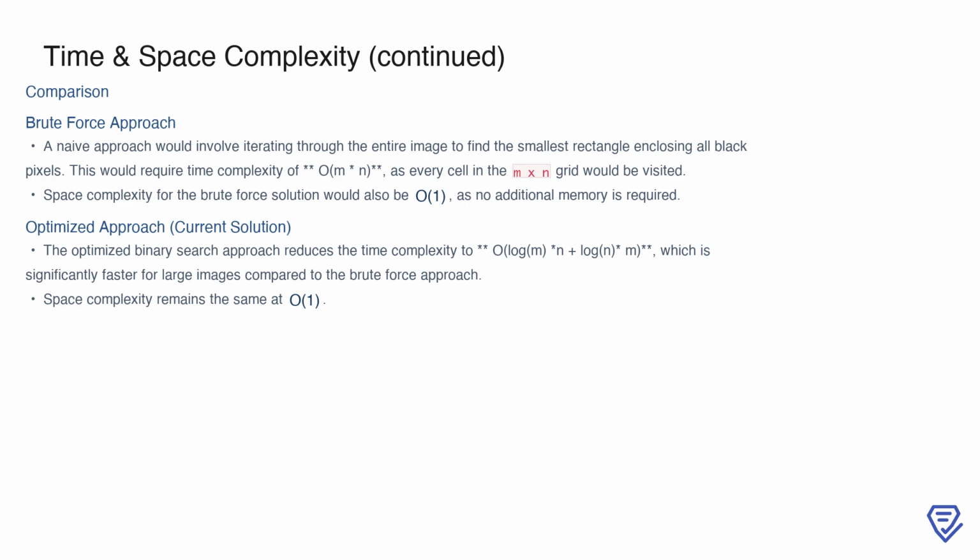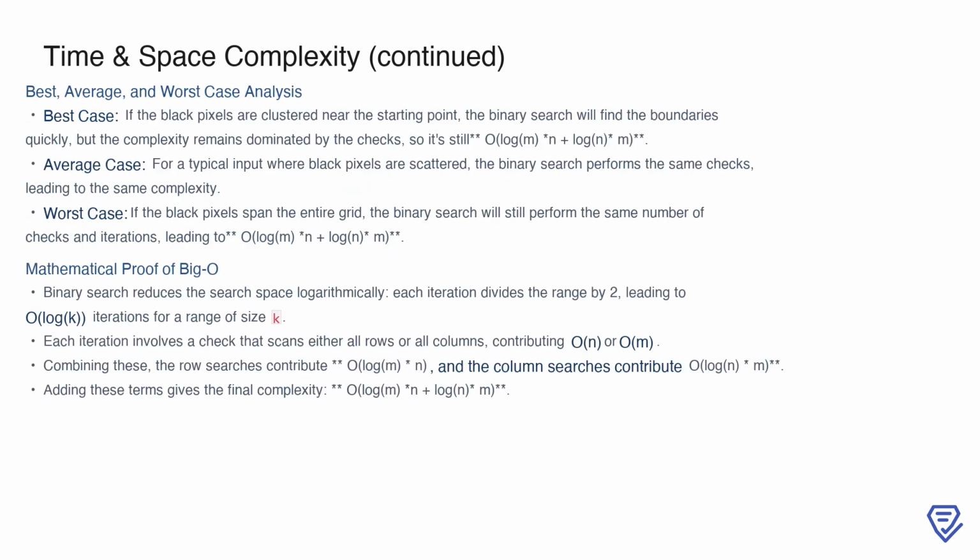Finally, let's analyze the best, average, and worst-case scenarios for this algorithm. In the best case, if the black pixels are clustered near the starting point, the binary search quickly identifies the boundaries. However, the complexity is still dominated by the row and column checks, resulting in a time complexity of O(log m * n + log n * m).